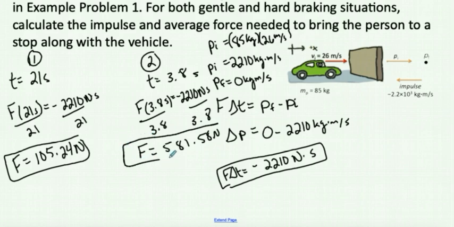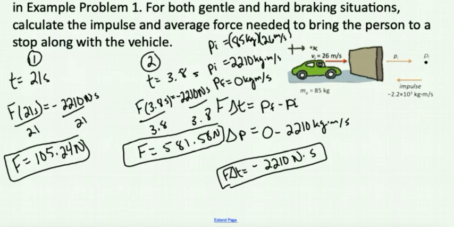Okay, so then we're going to ask ourselves here, analyze this a little bit. Does it make sense? Do I have a smaller time and a larger force? Yeah, so our time went down from 21 to 3.8, just like above, and our force went up. Okay, so a shorter time is going to equate to a larger force. Okay, so this would be our linear momentum.